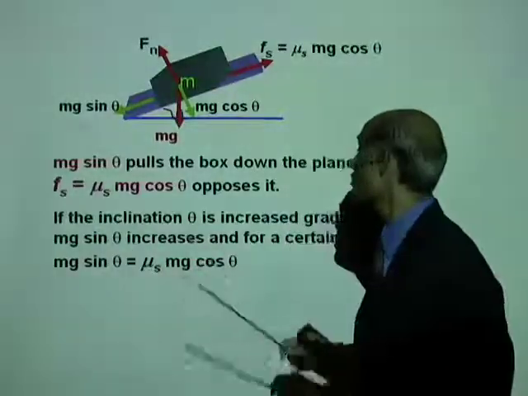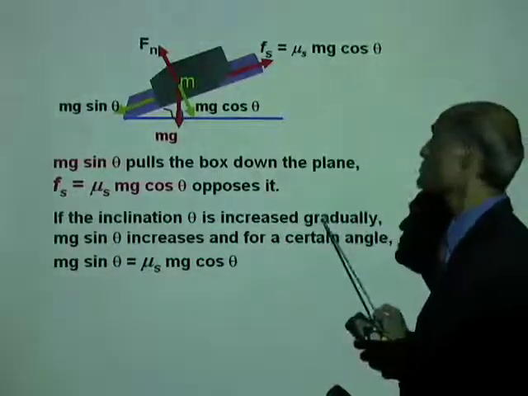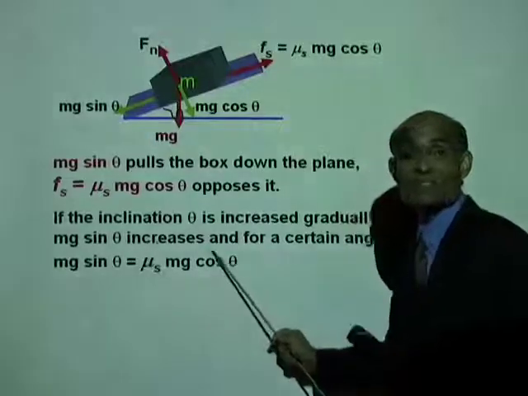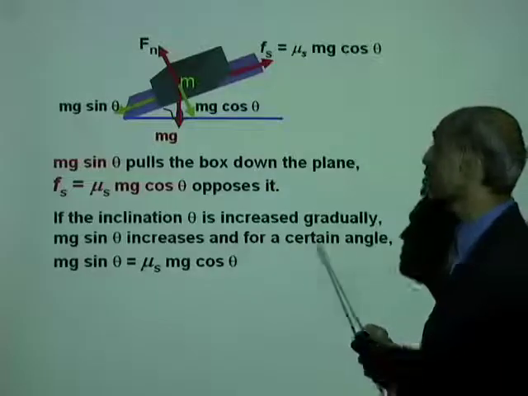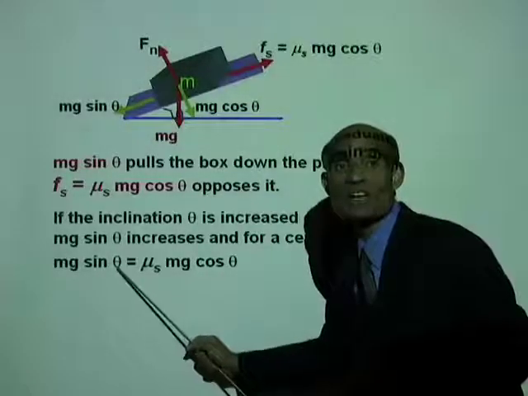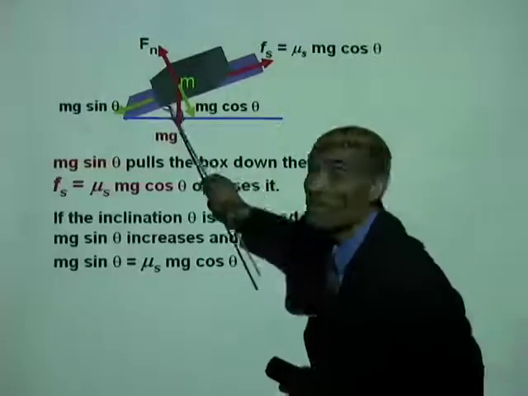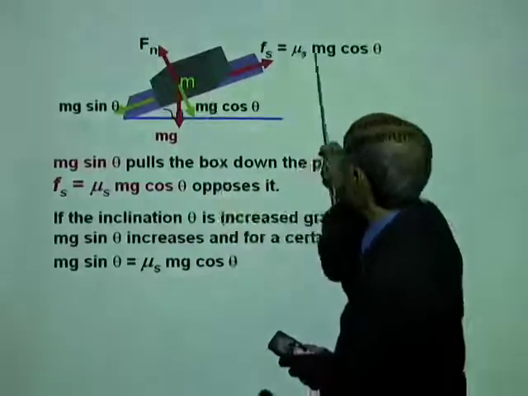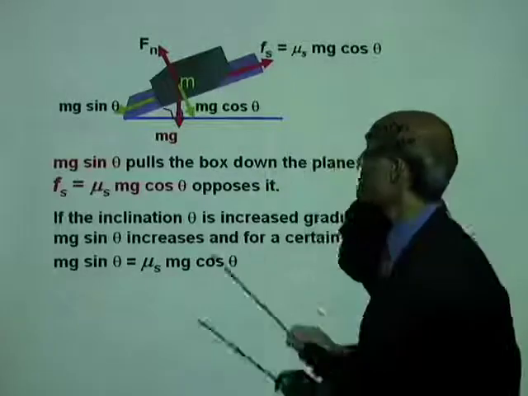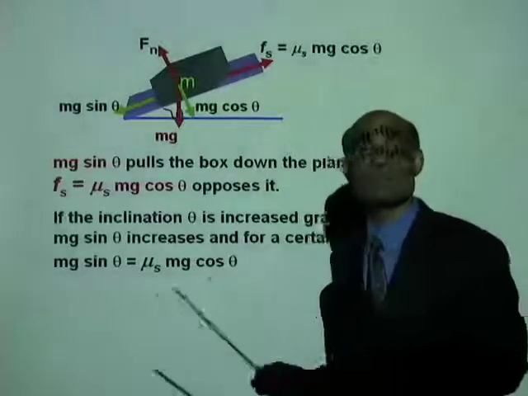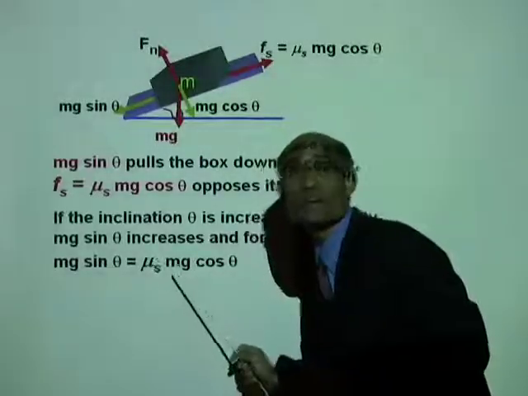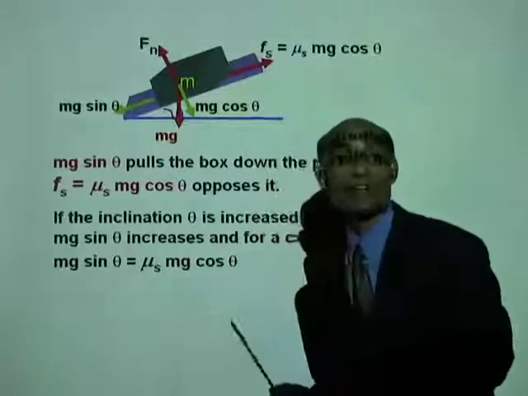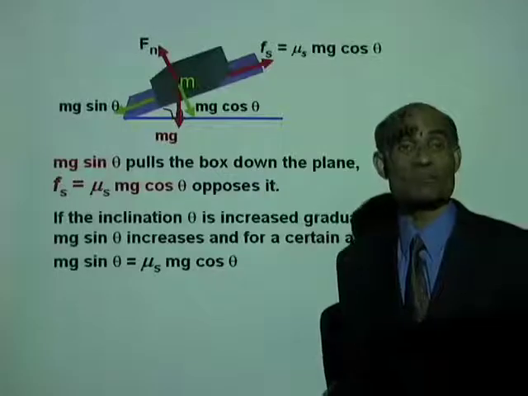If the inclination theta is increased gradually, mg sin theta increases, and for a certain angle, the force acting down the plane will be exactly equal to mu s mg cos theta. Now, can you use these equations to obtain an expression for mu s, the coefficient of static friction?